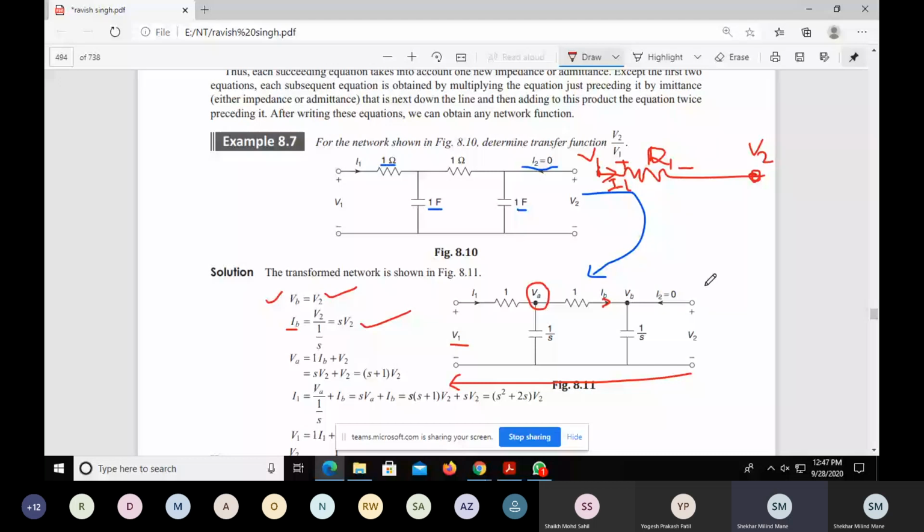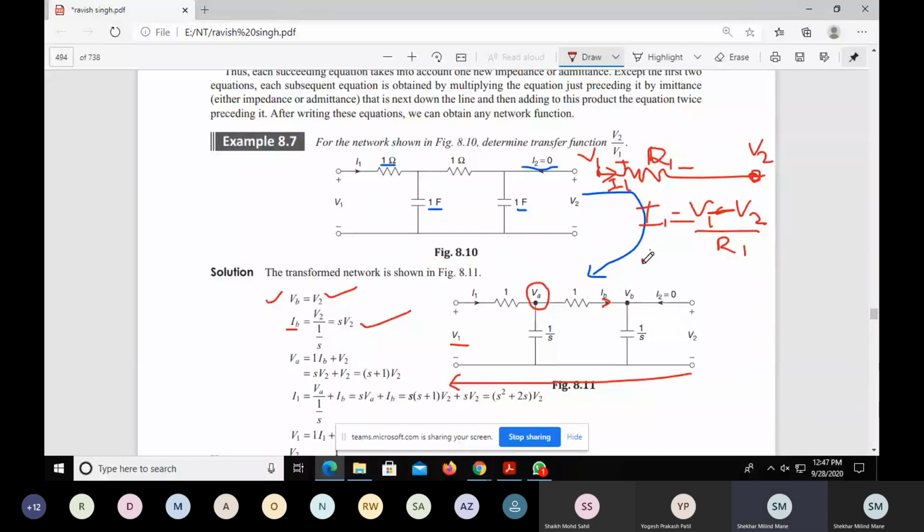So we can write I1 is nothing but V1 minus V2 upon R1. From nodal analysis, we have written these equations.